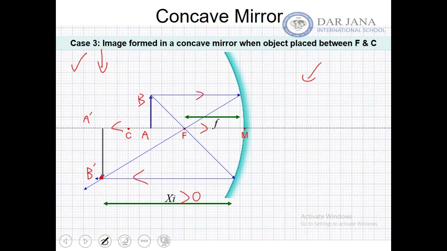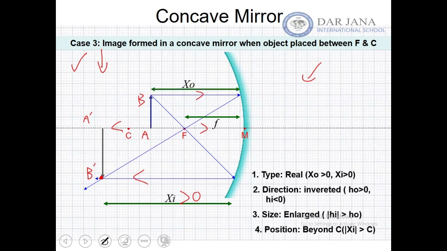Only in one case will the reflected rays converge and meet at point F, when the incident ray is parallel to the principal axis. So far, so good. XO now is the distance between the object and the mirror. Also, it's positive. XO, guys, is impossible to be negative. Always, it's in front of the mirror. Logically, it's impossible to be inside the mirror.